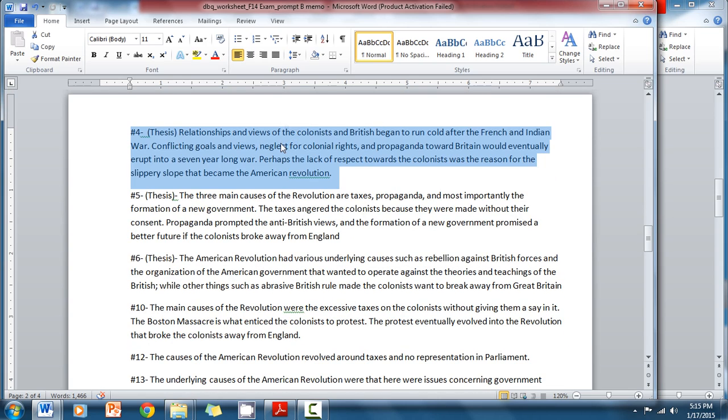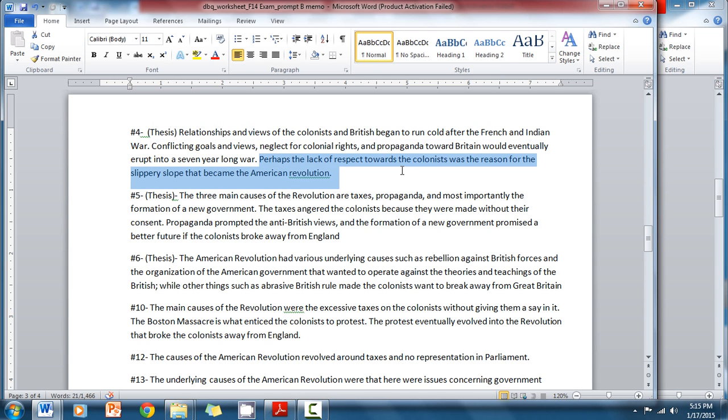Student number 4, relationships and views of the colonists and British began to run cold after the French and Indian War. Conflicting goals and views, neglect for colonial rights, and propaganda toward Britain would eventually erupt into a 7-year-long war. That's a great sentence that classifies the different causes of the war.